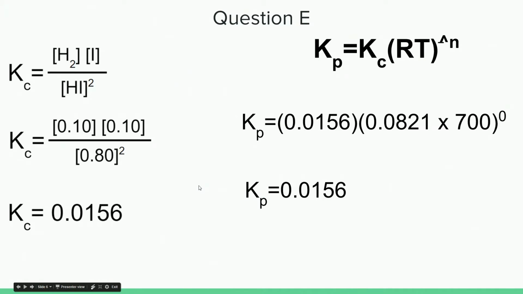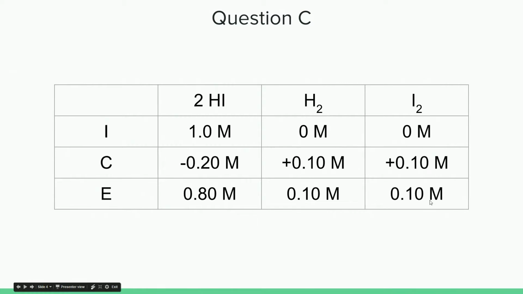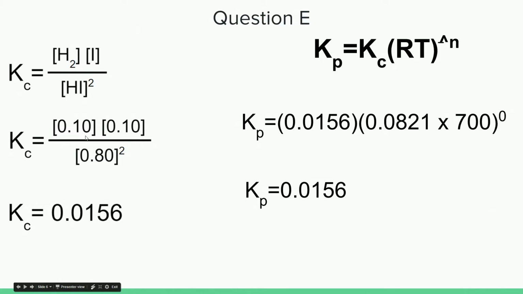Question E asks us to calculate the value of the following equilibrium constants at 700 Kelvin. So I'm going to use the equation that we used in question A. Kc equals H2 times I2 divided by HI squared. Using the values we calculated in question C, we can plug in some numbers.